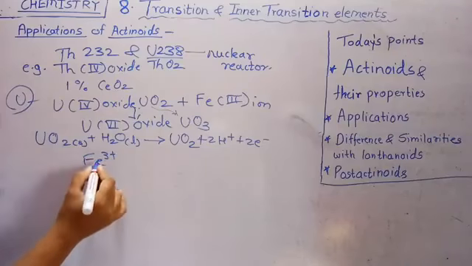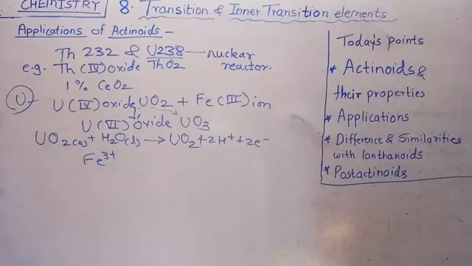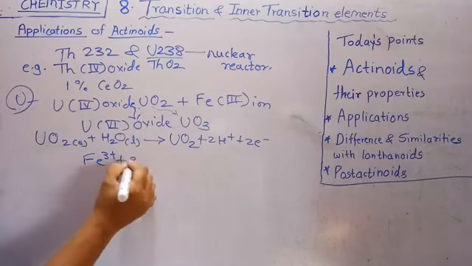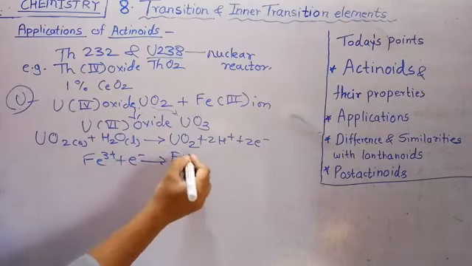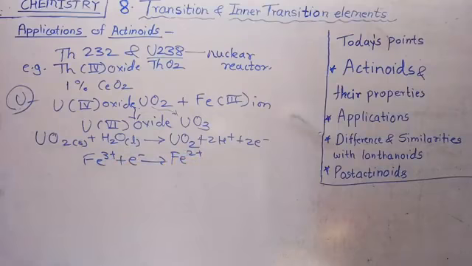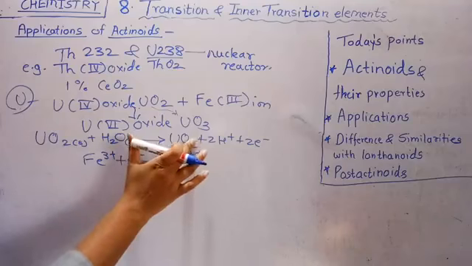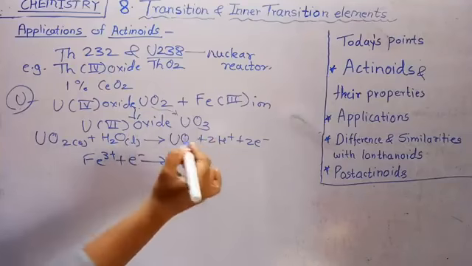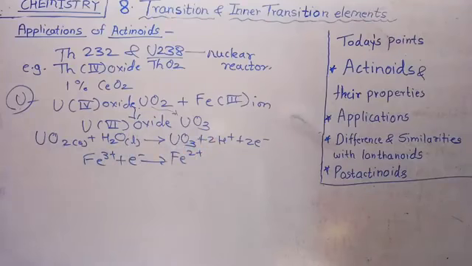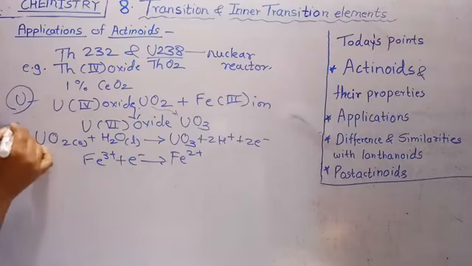And in this reaction, iron 3 plus is converted to iron 2 plus, that is Fe2+. That is the first step: uranium(IV) oxide converted to uranium(VI) oxide. Then there is the second step.